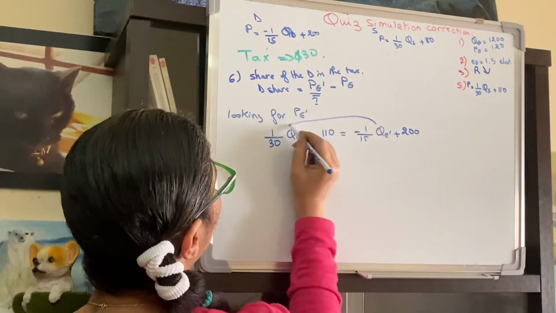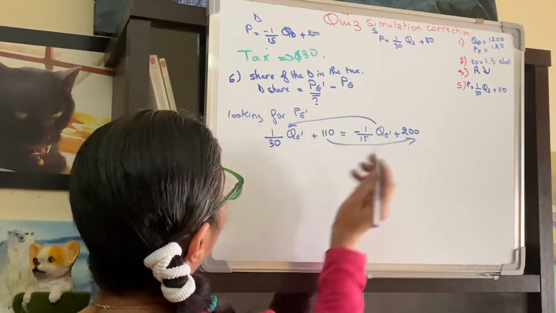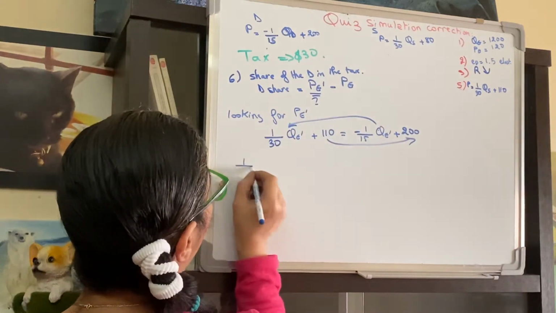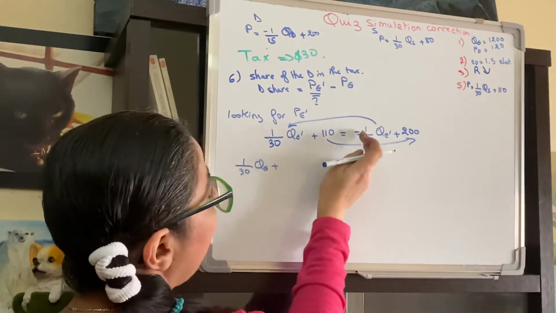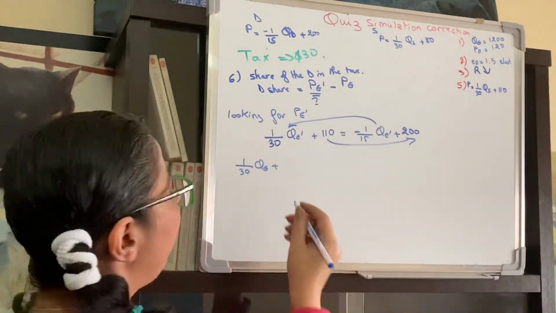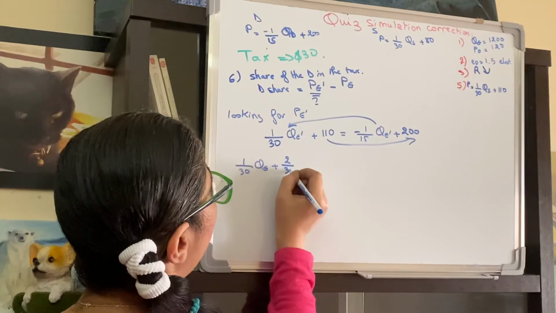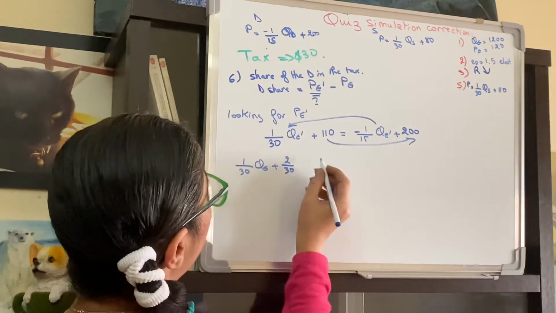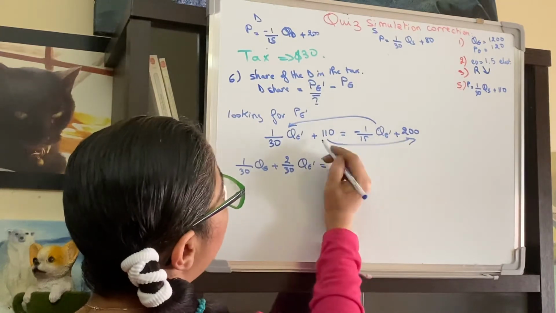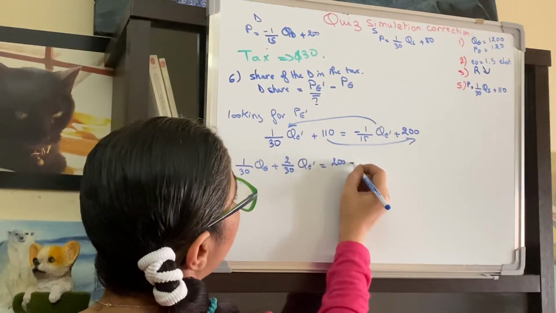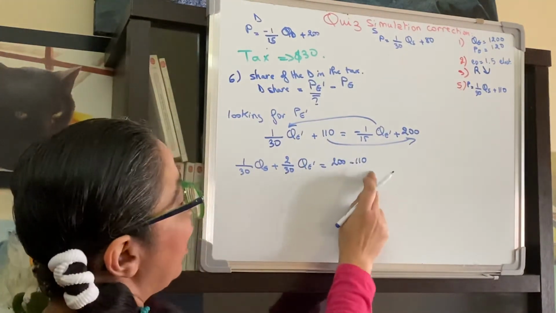So it's going to become 1 over 30 QE prime plus 1 over 15 QE prime, 2 over 30 is equivalent to 1 over 15, is equal to 200 minus 110. Now I'm going to calculate it.